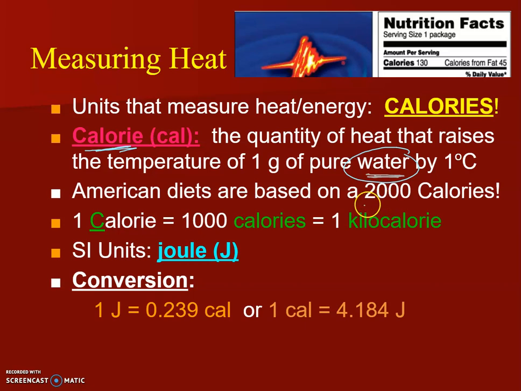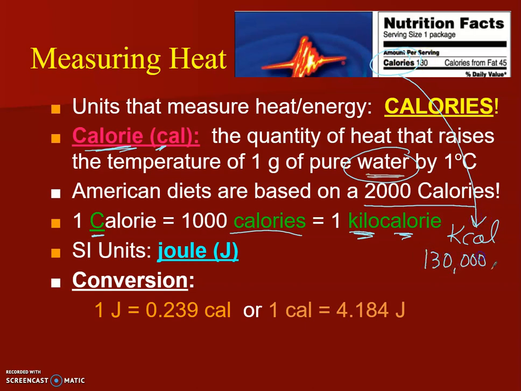Our American diets are based on a 2,000 calorie diet, and notice that is a capital C and this is a lowercase c, because 1 Calorie is 1,000 of these calories, but Americans tend to flip out if they see the word kilo with something, so that would be our kcals. This is actually a kcal, so this is 1,000 of those calories.